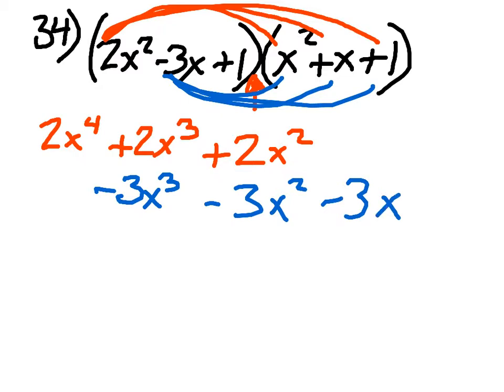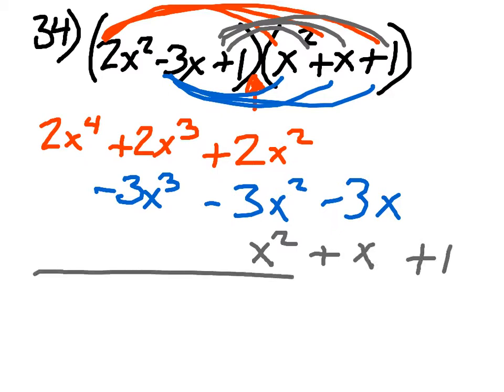Alright, and final set of rainbows. 1 times all 3 of those, that'll be quick. You'll get x squared plus x plus 1. Alright, so we're just dropping down all of these like terms and combining them. Keep in mind the phantom 1s.